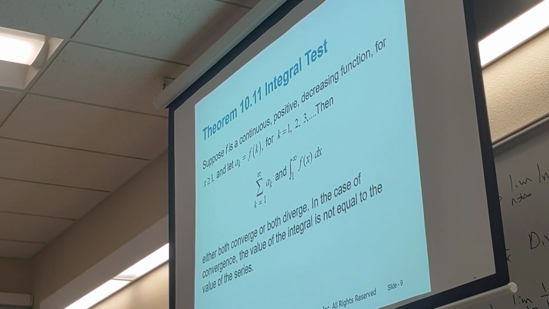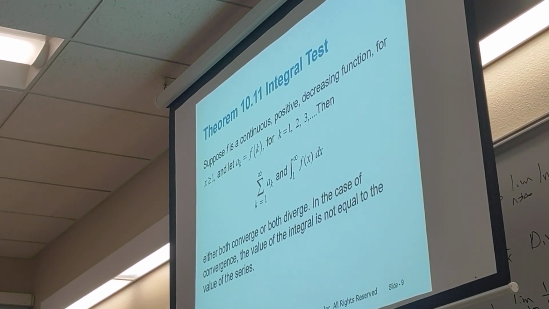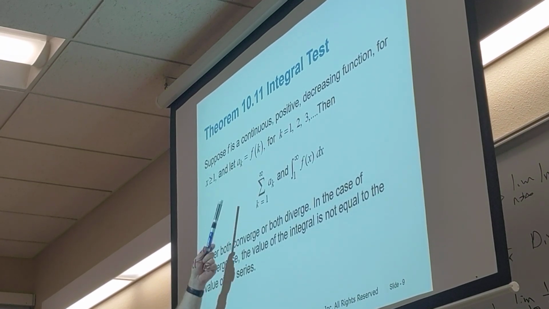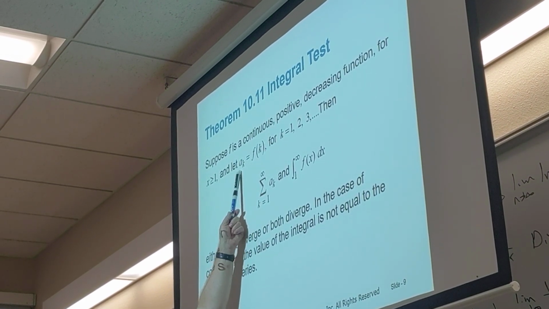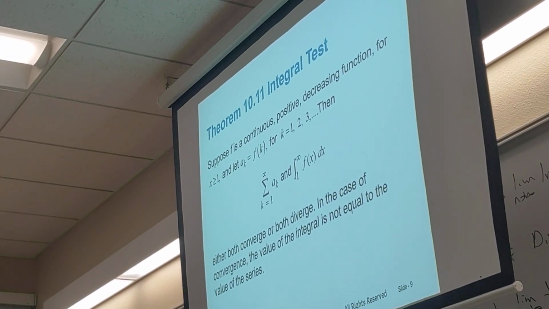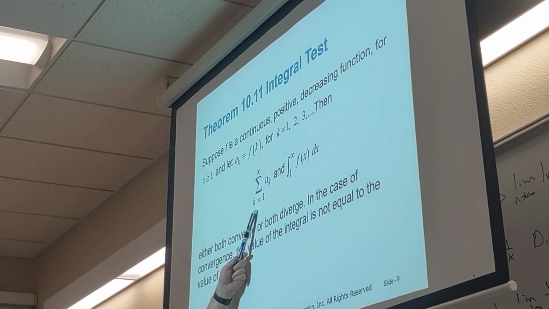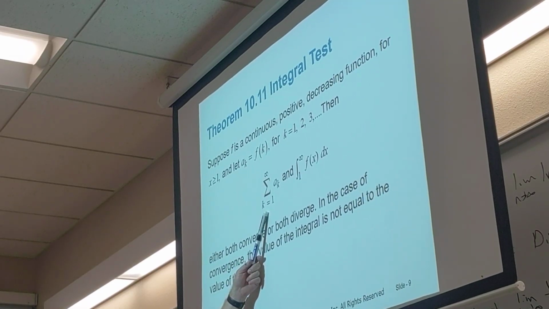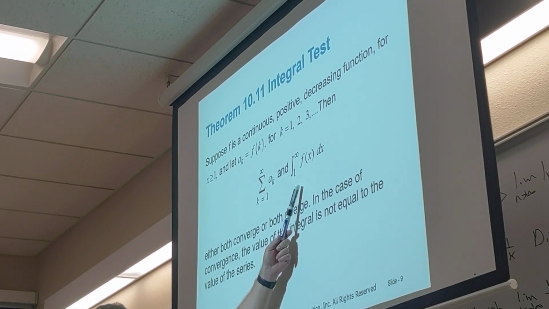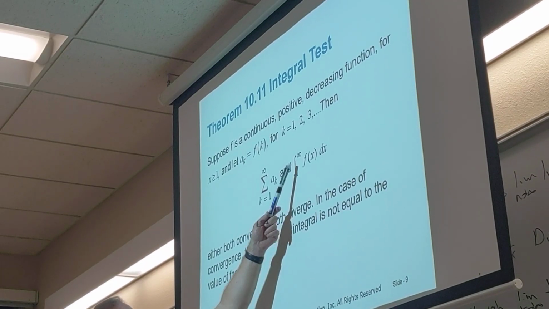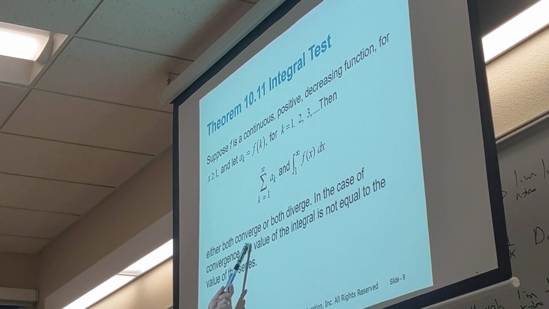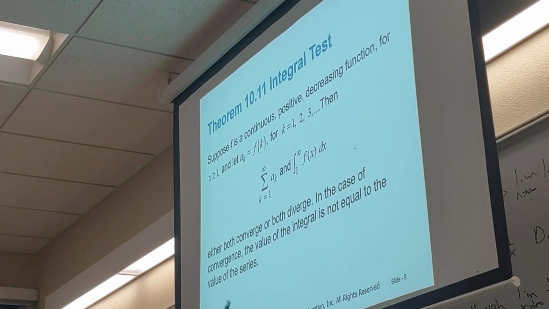For x greater than or equal to 1, let a sub k equal f of k. So we're just creating a real valued function for the a. Then the series and the integral going to infinity either both converge or both diverge.